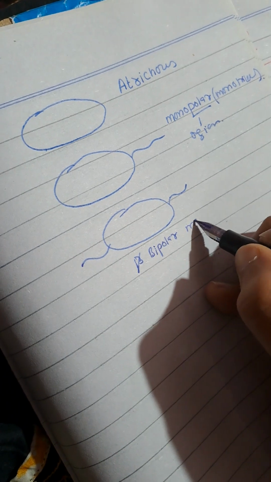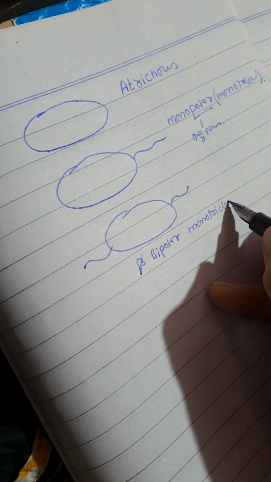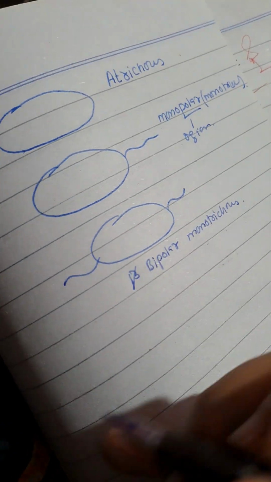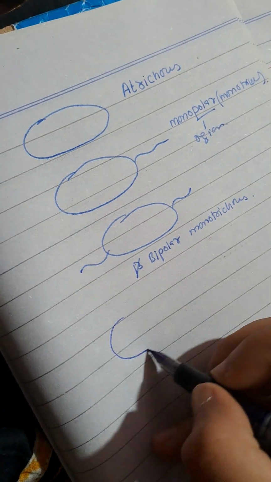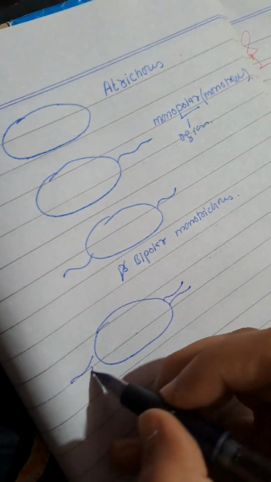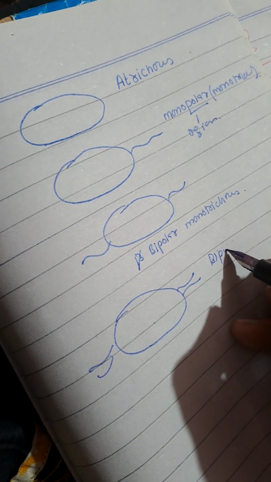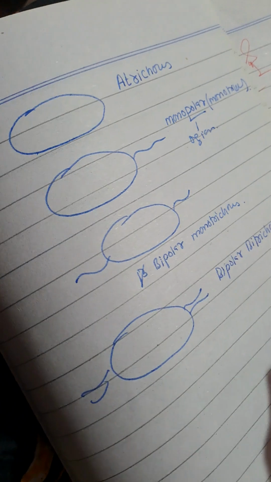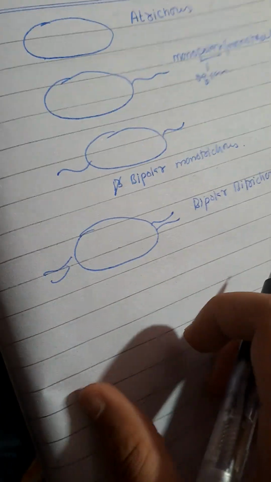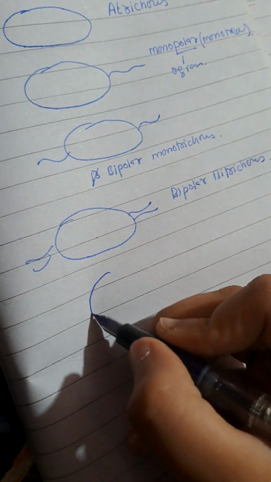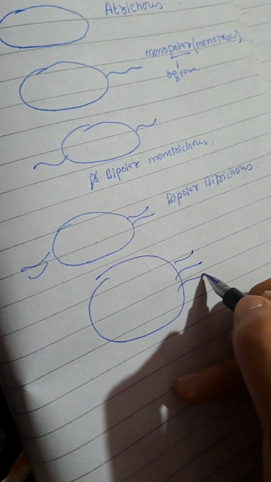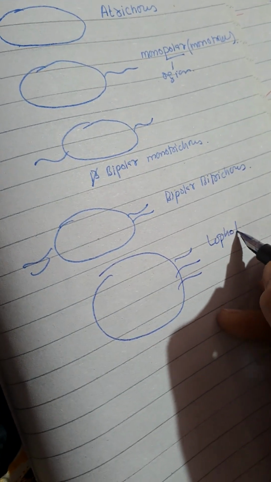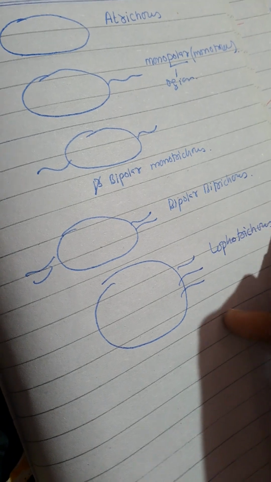If it is like this, it is known as bipolar monotrichous. Now if it is like this, it is known as bipolar bitrichous. If from one side there are a lot, it is known as lophotrichous.